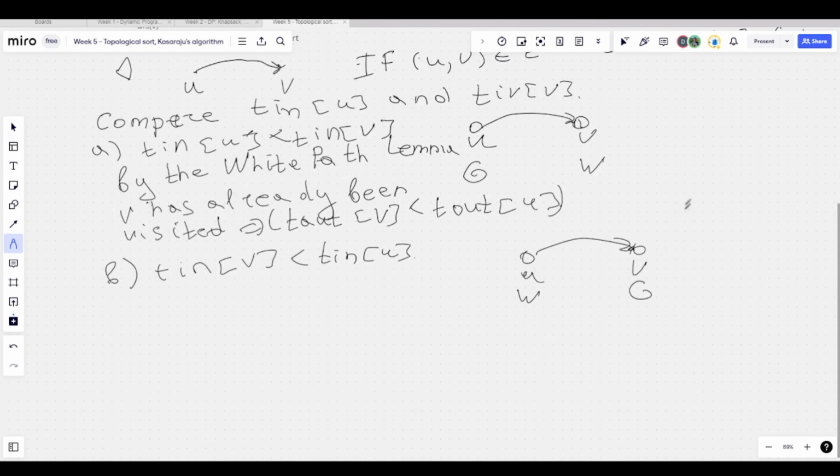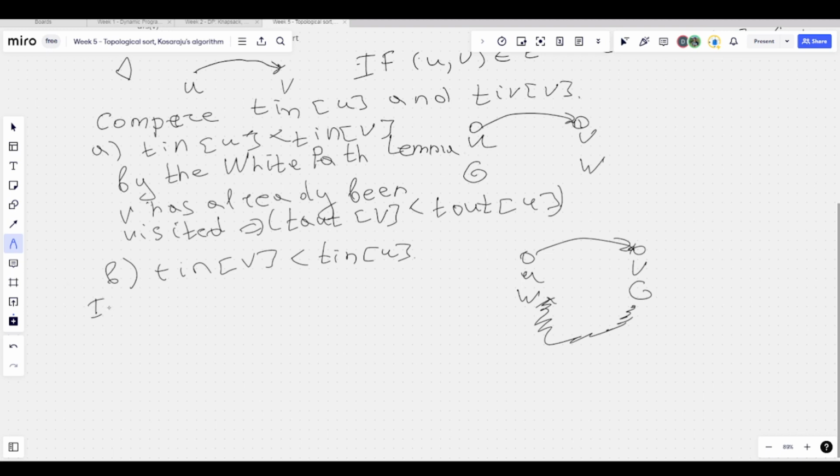If we consider that T out of U is less than T out of V, it means there exists some path from V to U, and that is a contradiction with our condition that we have an acyclic graph.